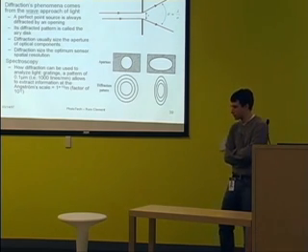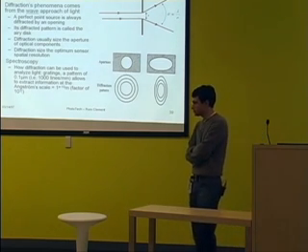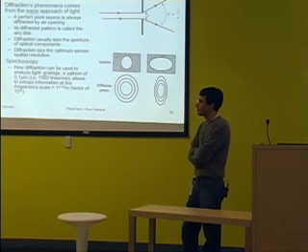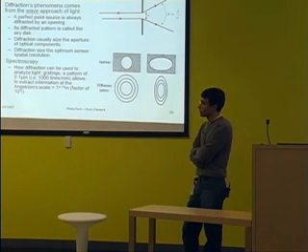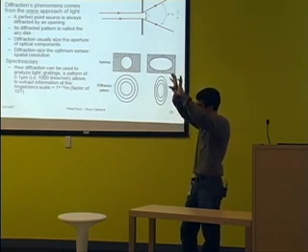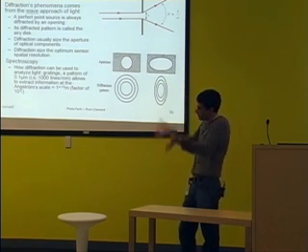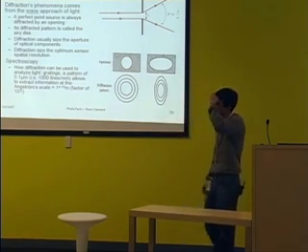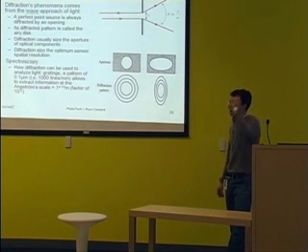For hex or octagonal apertures, would it be roughly bounded between the circular and the square? Yes, with a lot more directions, 6 directions. Yes. Okay. Yeah, I think the math can be done.